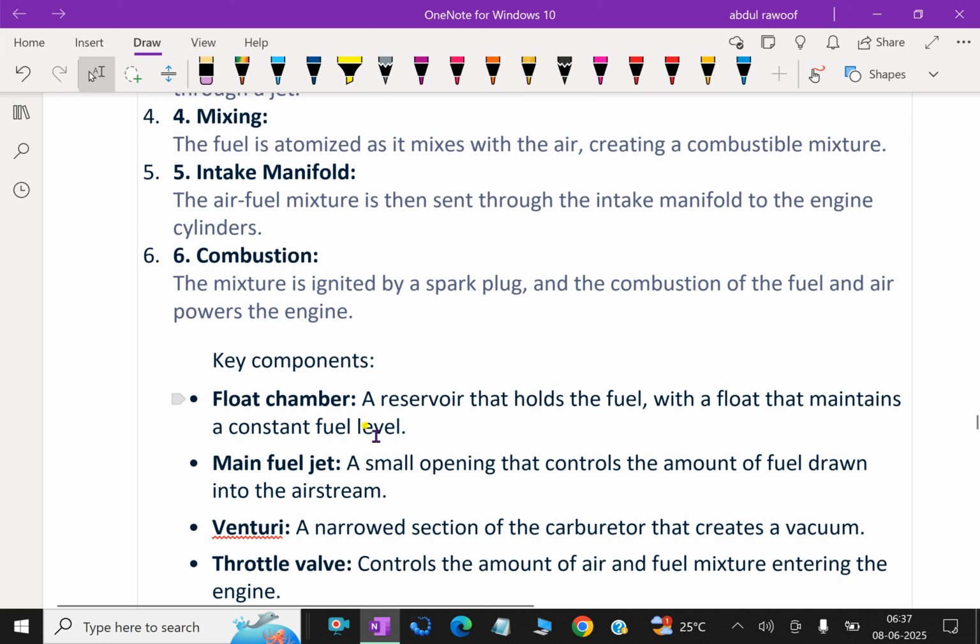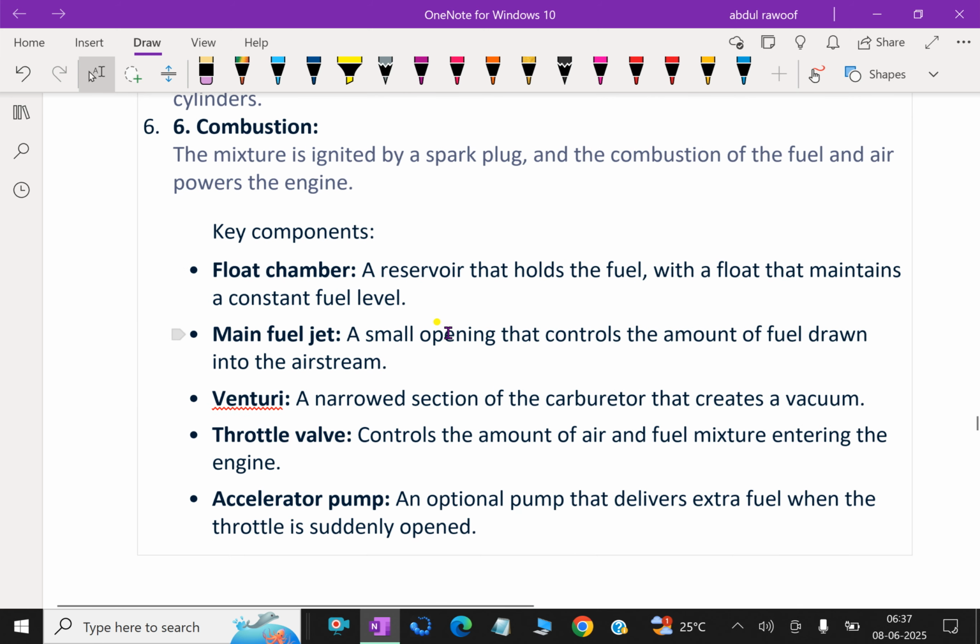Key components. Float chamber: a reservoir that holds the fuel, with a float that maintains a constant fuel level. Main fuel jet: a small opening that controls the amount of fuel drawn into the airstream. Venturi: the narrowed section, the throat of the carburetor, that creates a vacuum.